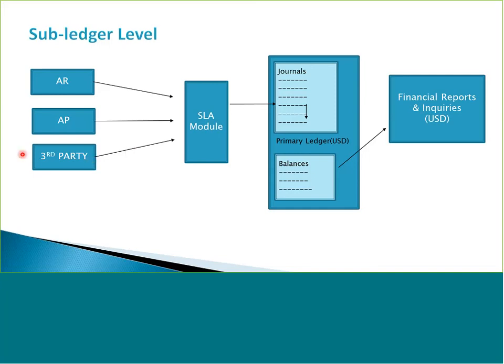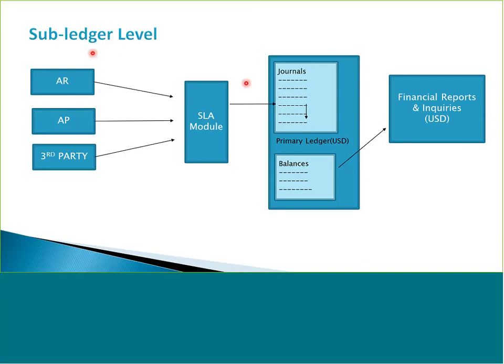But in this scenario we have journals that are coming from the sub-ledger modules and third-party modules, and we also have journals that we can enter manually directly into general ledger, right?